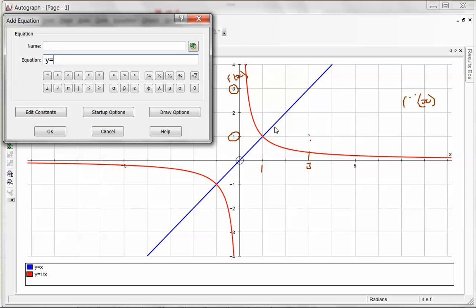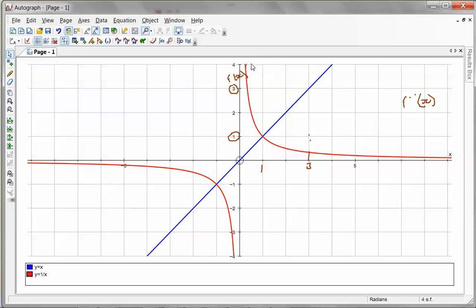Look at it. What do you notice about the graph of 1 over x? Symmetric. It's symmetrical about y equals x. Therefore, the inverse of 1 over x is 1 over x. It's one of these self-inverse functions. So that's interesting to see.